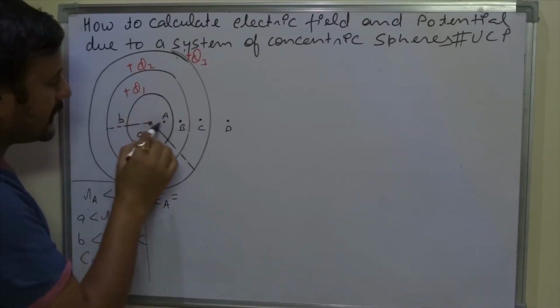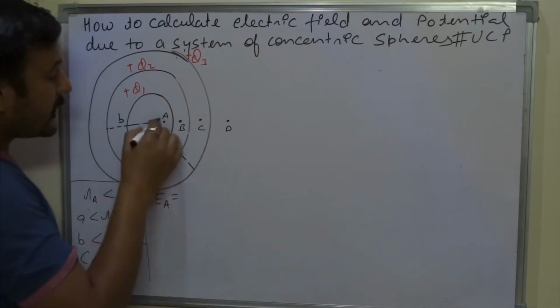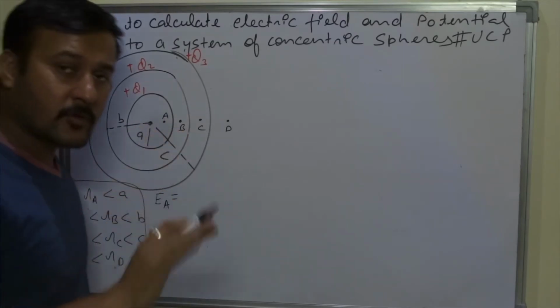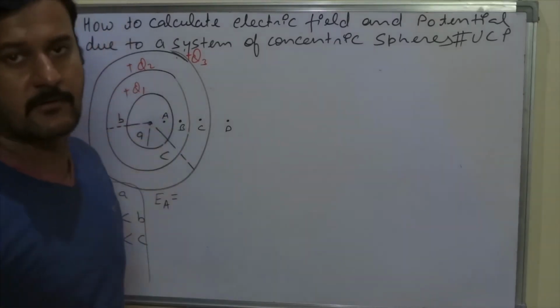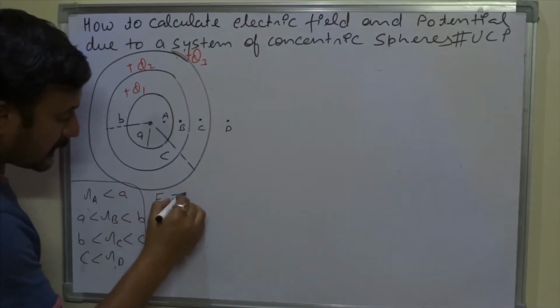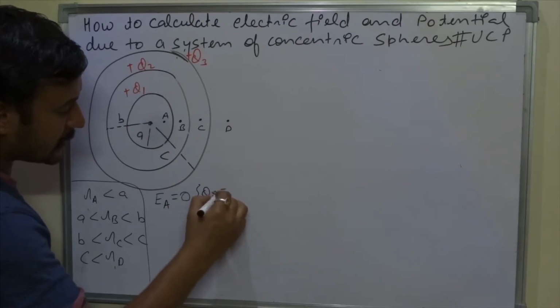A is the innermost point of the system, hence if we assume a sphere of radius RA, there is no charge inside it. So for A, the electric field will be 0 as Q inside is 0.